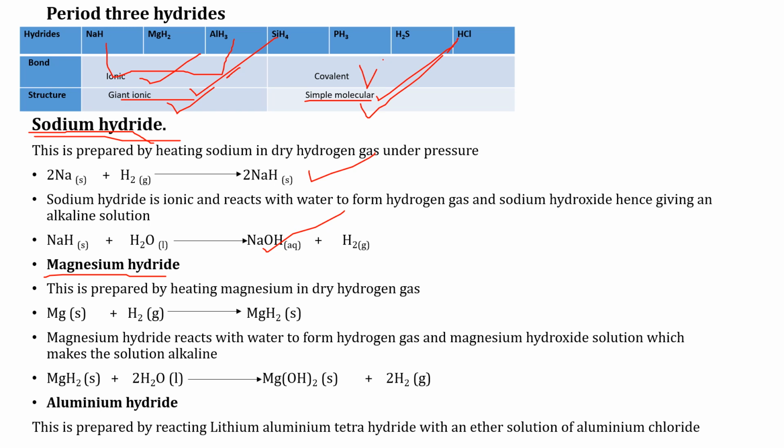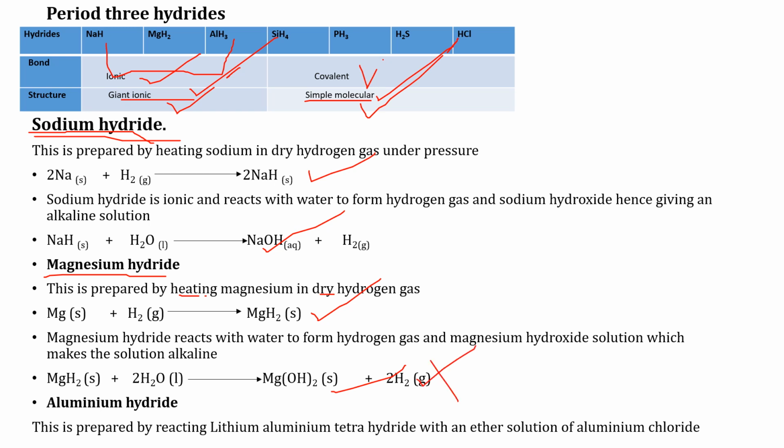I told you, when you say heating, you have to write dry, because when you're heating, that means that the gas you're heating it with is going to be dry. So magnesium reacts with dry hydrogen gas to form magnesium hydride. And it's also ionic, therefore it dissolves in water to give us a hydroxide plus hydrogen gas. So take note of that.